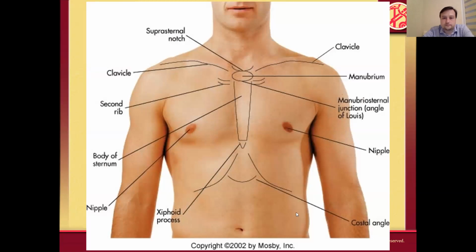As you see, suprasternal notch, clavicles, second rib, body of the sternum, nipples, clavicle, manubrium, and manubriosternal junction. Also, processus xiphoideus and costal angles.